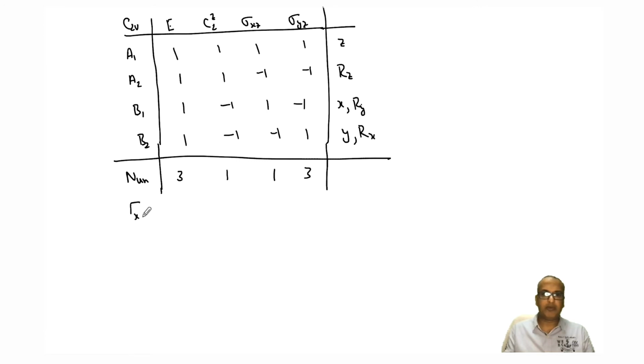Then the second step is to find out the sum of characters for the IR representations for which x, y, and z are forming the basis. So tau x, y, z. So z is the basis here, x is the basis here, y is the basis here. So I am going to sum these 3. So 1 plus 1 plus 1, 3. 1 plus -1 -1, so I will get -1 over here.